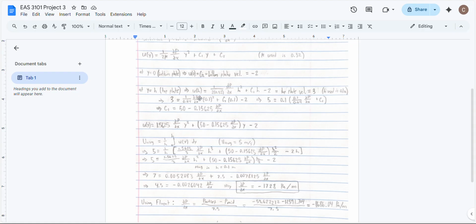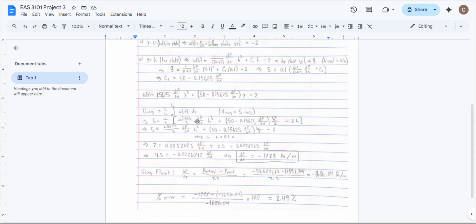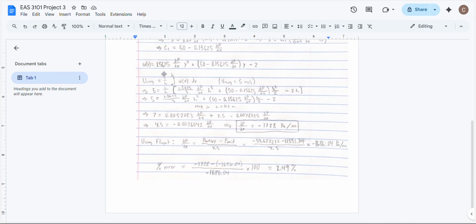Plugging in our new C2 value and C1 value into this velocity profile form, we are left with our velocity profile equaling 1.5625 dP/dx y squared plus 50 minus 0.15625 dP/dx, all multiplied by y, minus 2.